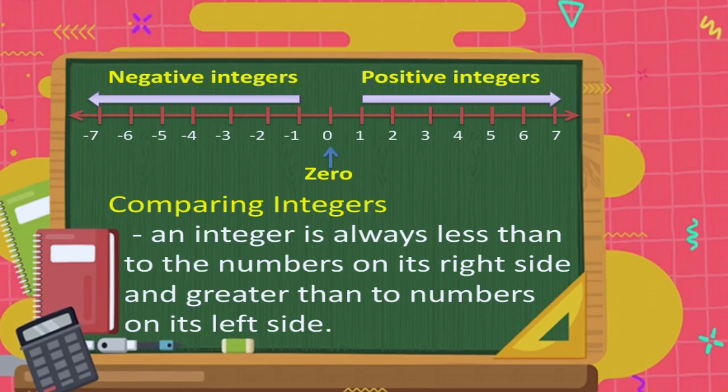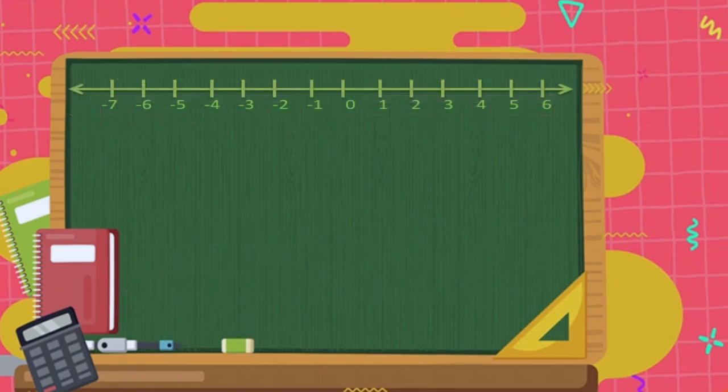How about the greater one? Example, 3 is greater than negative 4, on its left side. Another, negative 1 is greater than negative 6, on its left side.